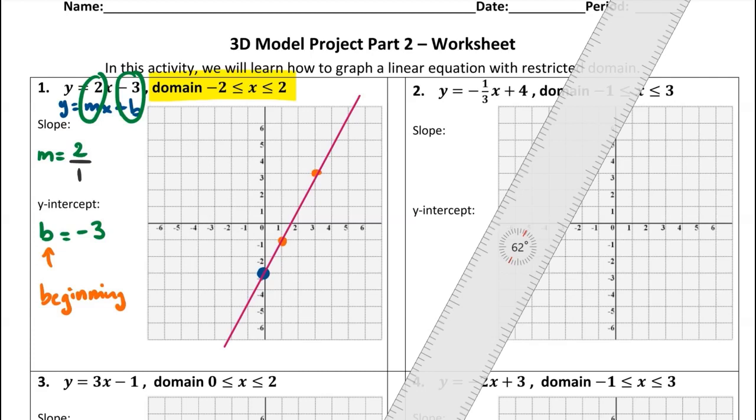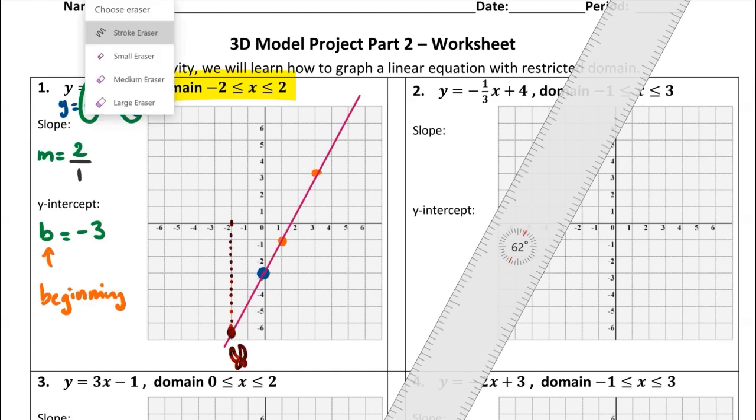Think of it this way: the line is a string, and you're going to cut both ends and keep something in the middle. X is -2, so here is x equals -2. Pretend there's a scissors and you cut it right there. We erase the other side, the part that we don't need.